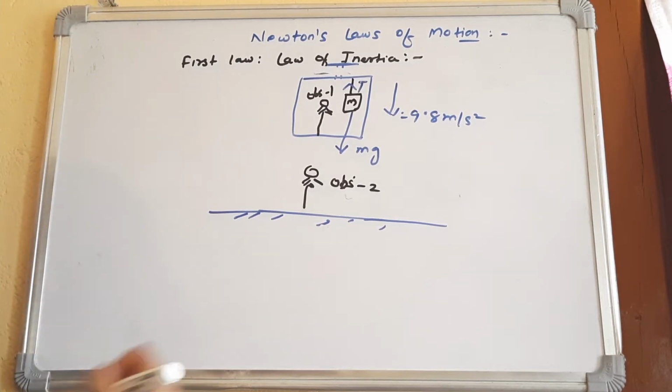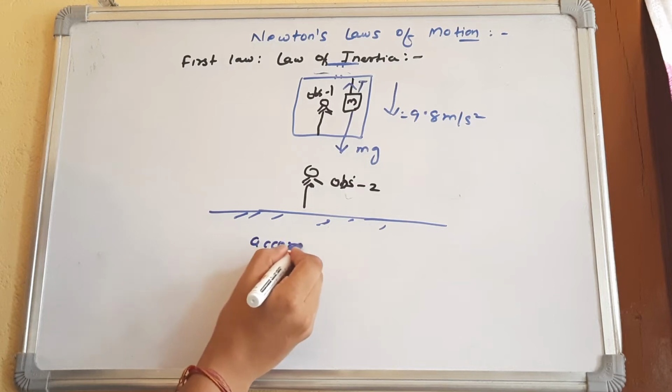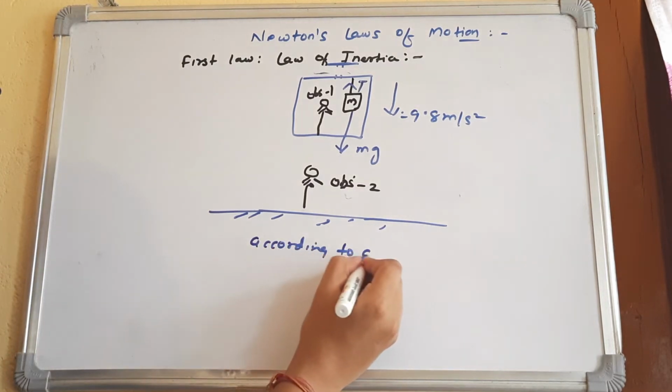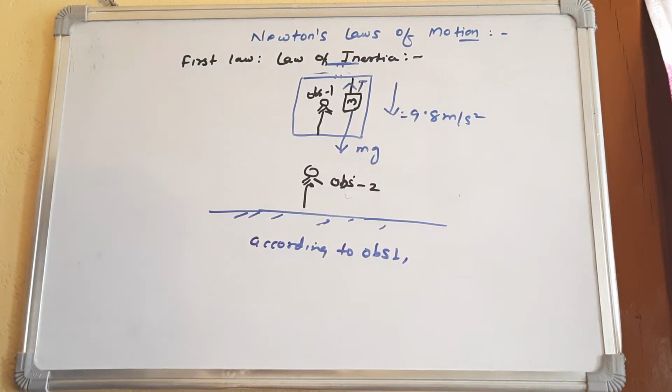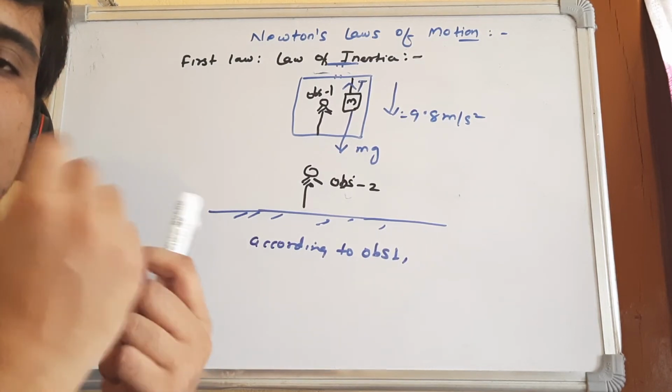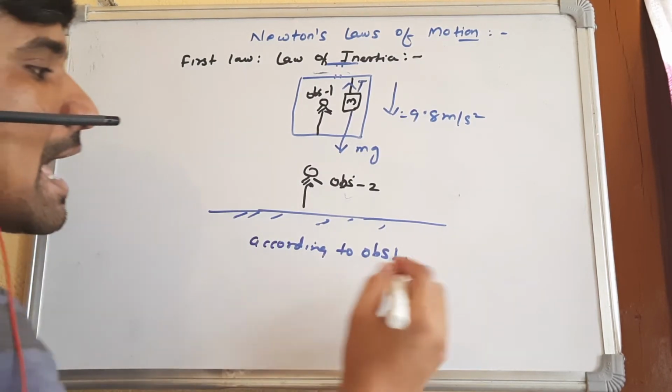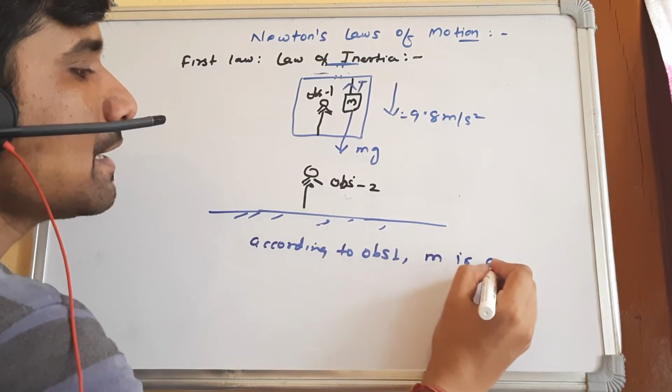And according to observer 1, what is the state of that m? If you are observer 1, for you that m is not changing its position. It is always at the same position from you, and hence m is at rest.